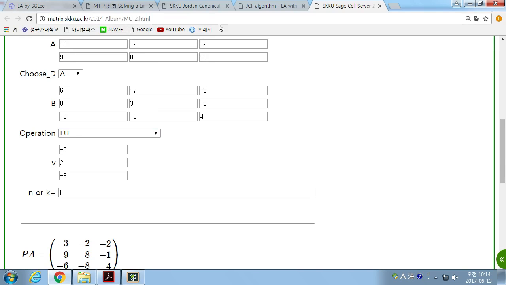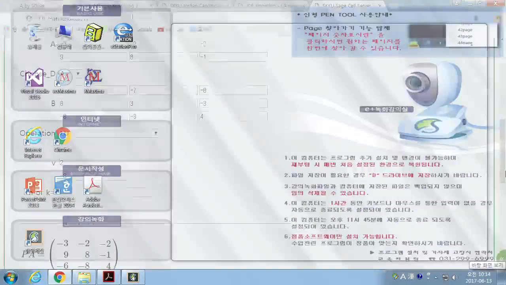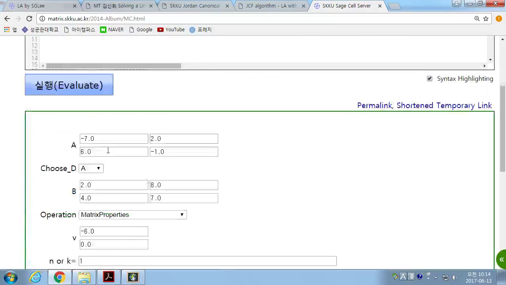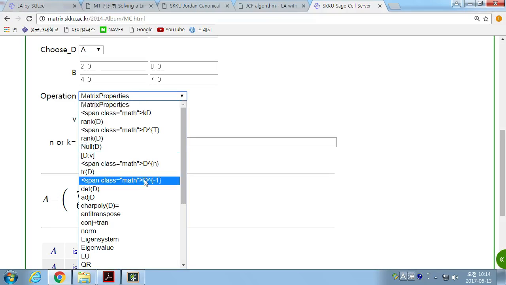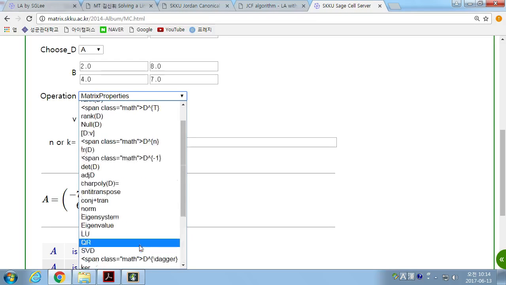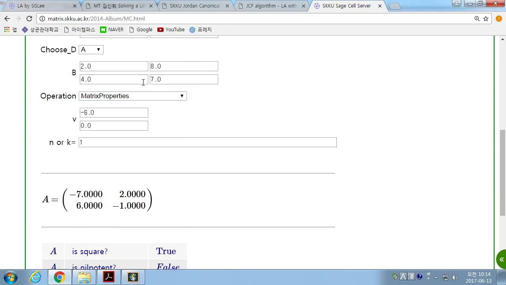I added one with the Jordan canonical form in it. Here, find the Jordan canonical form. SVD. Not in here.